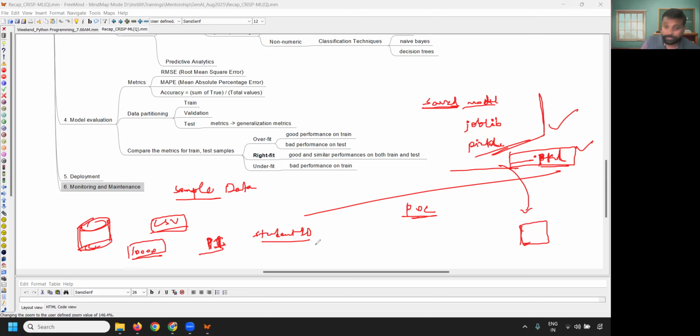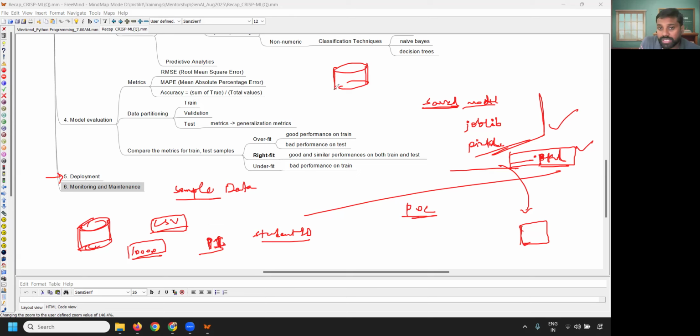All right. And then what happens is the actual deployment. I want to talk about the actual deployment, but because of the time constraints, I probably will take it up tomorrow. What happens is the model that we have developed should get implemented in the customer's environment.